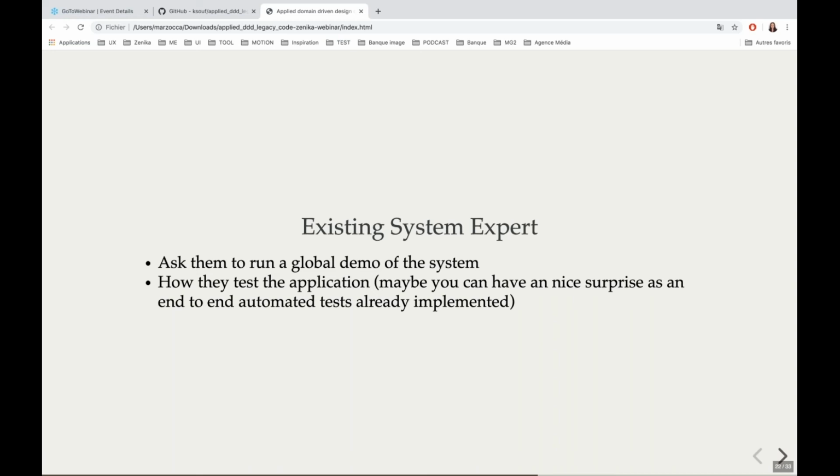That's why it can be really interesting to have these people, because you can have a good surprise and maybe you can take their tests and run them on the system. It can be like a protection if you need to refactor something, if you need to do something, you have tests that can give you a minimum confidence in what you do.